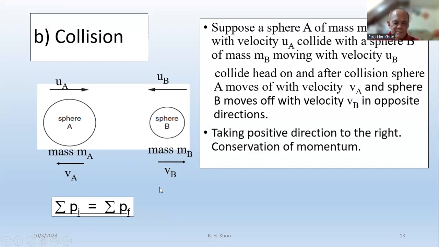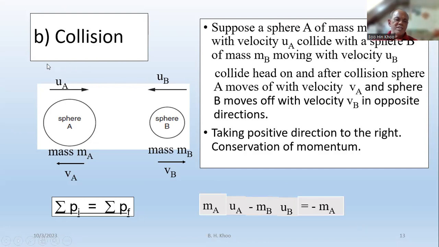Since momentum is a vector, we have to consider taking the positive direction to the right. Conservation of momentum, we should be able to write that mass MA times UA is the initial momentum of sphere A. Sphere B is the opposite direction, so it's negative: minus MB times UB.